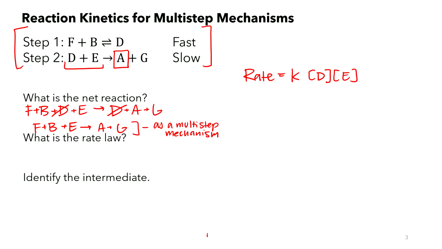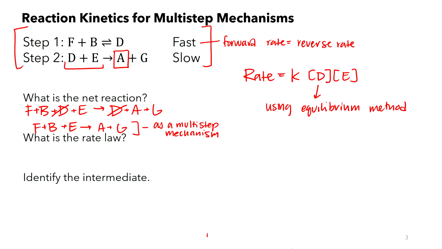So I'm going to rewrite that using my fast step, assuming equilibrium. So using the equilibrium method, I will redefine the concentration of D in terms of my reactants. So that's assuming this fast step reaches equilibrium, which means that the forward rate equals the reverse rate.